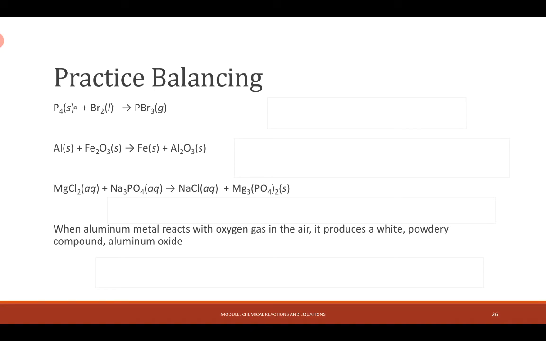Okay, let's go over this. So on this side of the equation, I see 4 phosphoruses. And so I'm going to go ahead and put a 4. Let me rewrite this so that I have room to write the coefficients in.